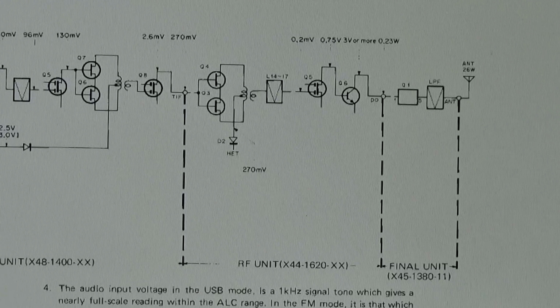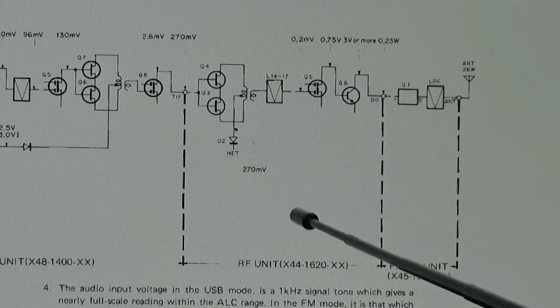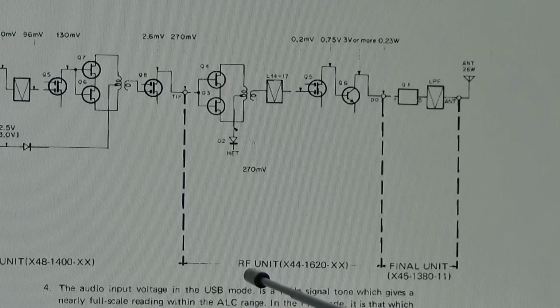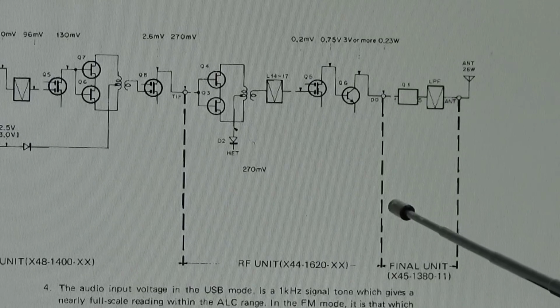To check this, we go into the level diagram. Kenwood is always so friendly and delivers a level diagram. So this is of course our TX section, and you see that here is the RF unit, and this here is our final unit.